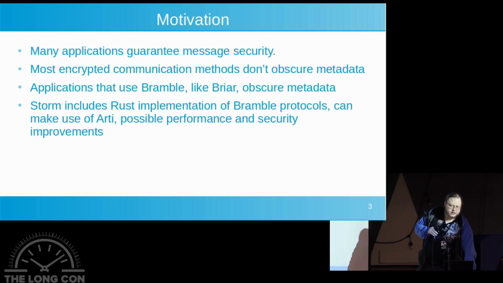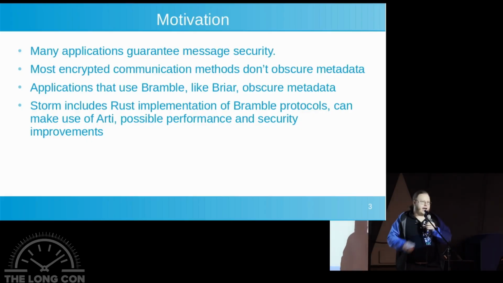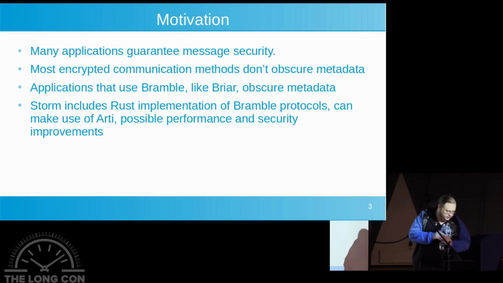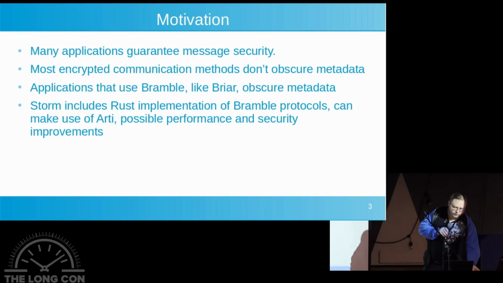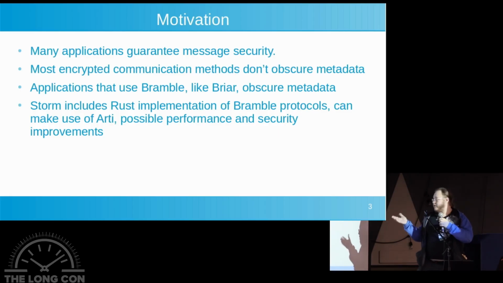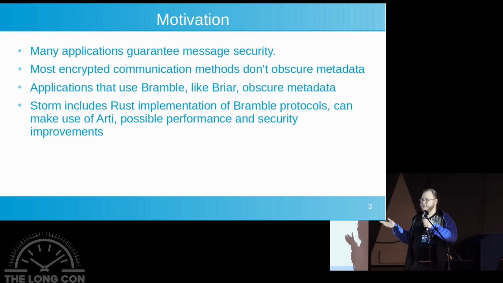But I haven't really seen one that gives meaningful guarantees about how hidden the metadata is. I'll discuss later how Signal tries to do it and why I think that's not a sufficient approach. But the whole reason you would use it is to conceal your metadata.